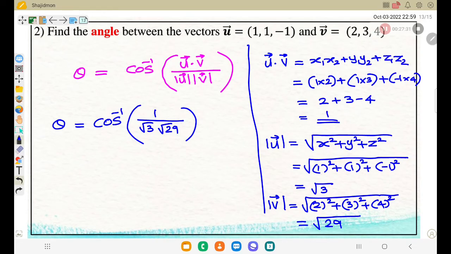So 1 over root 3 multiply root 29. You can check by calculator. If you are doing radian measurement, you will get 1.46 approximately, theta equal to 1.46 radian. You can do degree measurement also. Hope you got the idea, angle between two vectors.